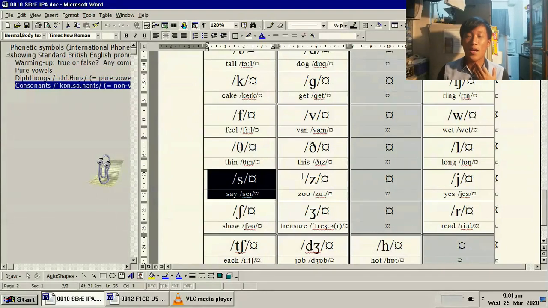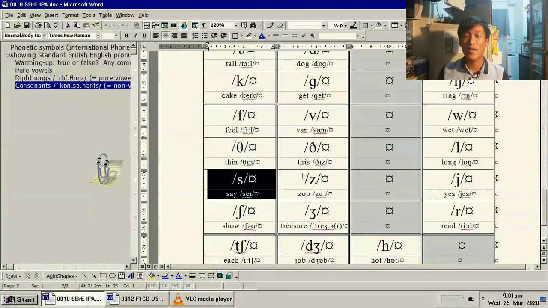I will do S, Z, S, Z, voiceless, voiced, voiceless, voiced. S, Z, S, Z, for you to try to listen. It's better for you to plug in an earphone to listen. If you just listen through a speaker, if the speaker isn't good, you may not hear the difference. So let me do it.